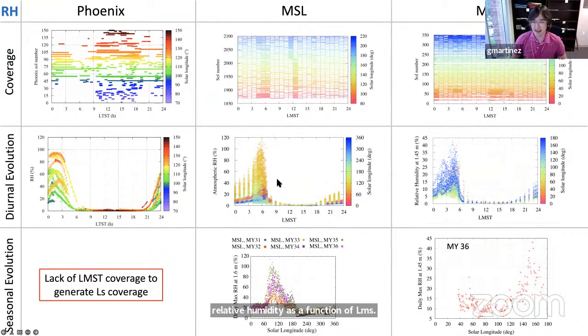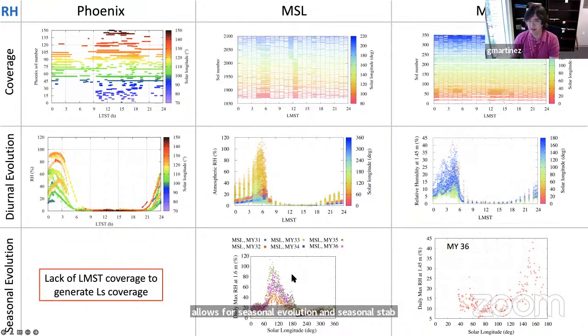I don't want to get into the details here, but it's just so that you know differences in coverage and what each mission can allow us to investigate. With this kind of continuous coverage, MSL also allows for seasonal studies, and that's what I'm showing here at the bottom.